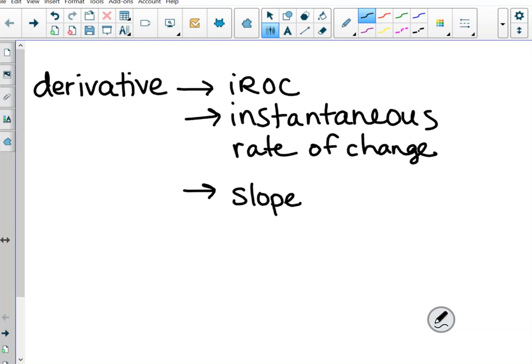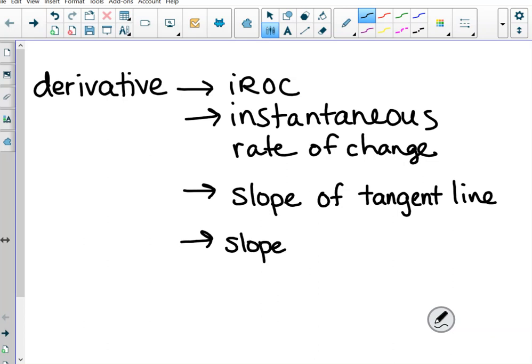Or sometimes we talked about it as the slope of the tangent line to the curve, because it's the slope or the rate of change at one point, or at one point in time.